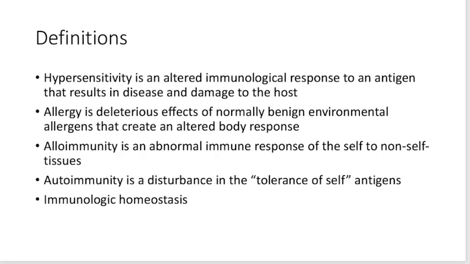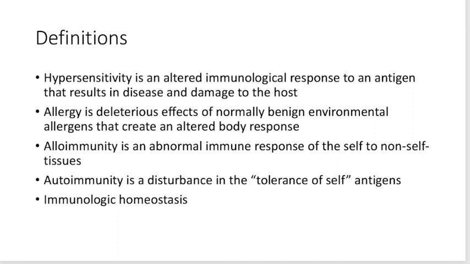So just a couple definitions so you know the difference between things. Hypersensitivity is an altered immunologic response to an antigen resulting in disease and damage. Allergy is a deleterious effect of a normally benign environmental allergen that creates an altered body response.